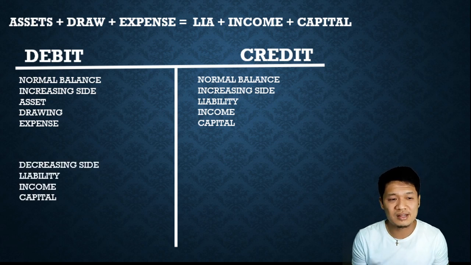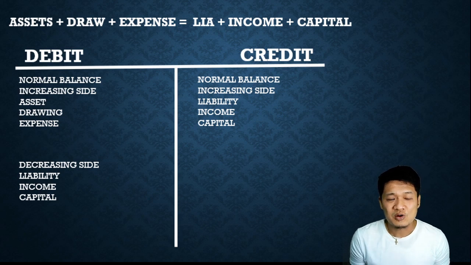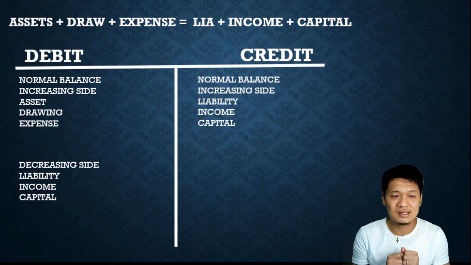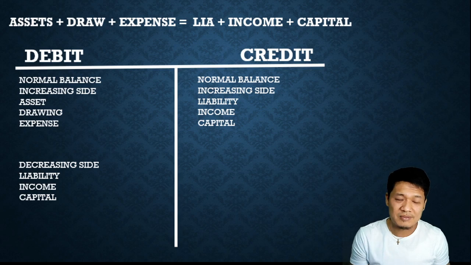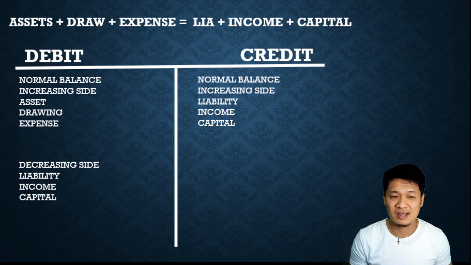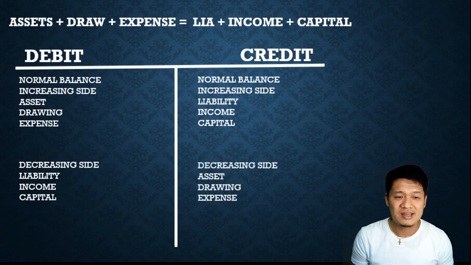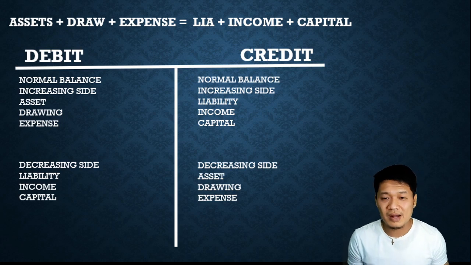And then vice versa naman, guys, kapag nag-decrease sila. Kung ang normal balance or increasing side ni liability is credit, kapag nabawasan naman si liability, income, or capital, i-debit naman natin sila. So, take note. Same thing naman sa mga debit side. Si asset, drawing, and expense, kapag nabawasan yan, i-credit natin yan.